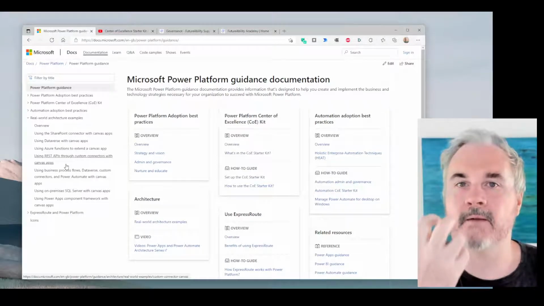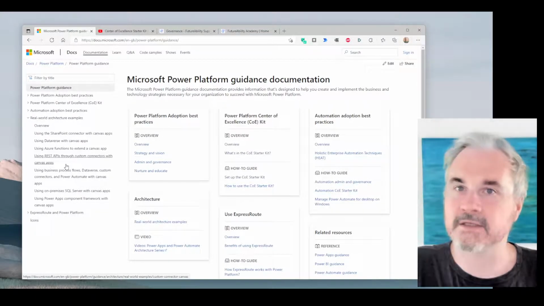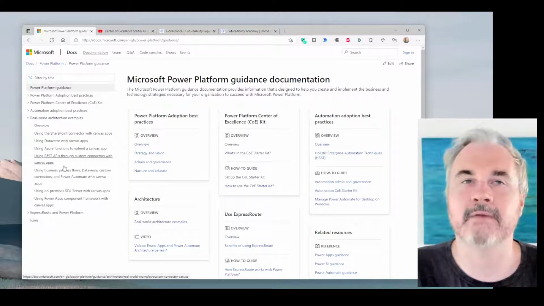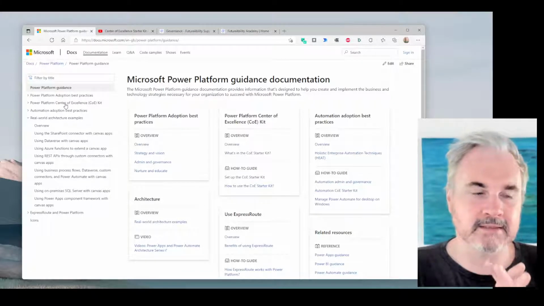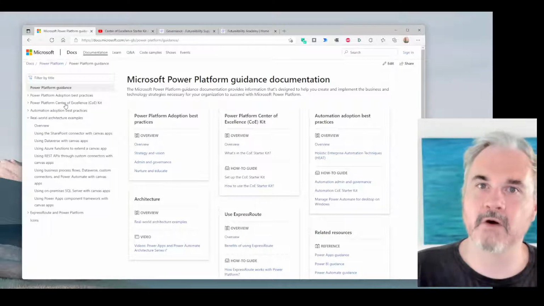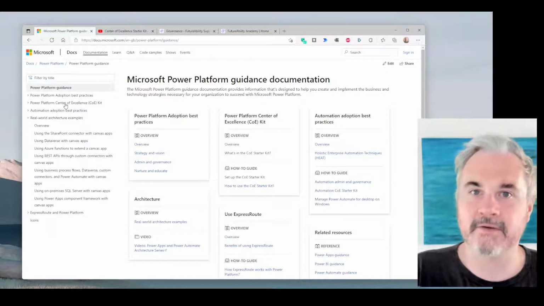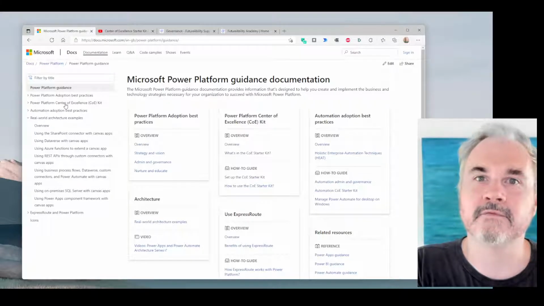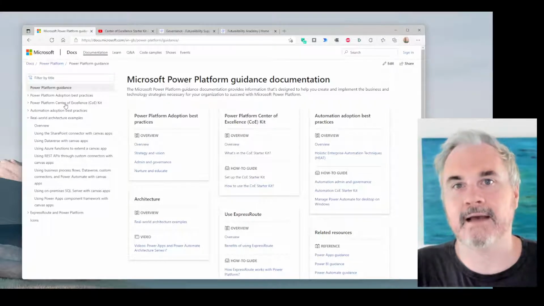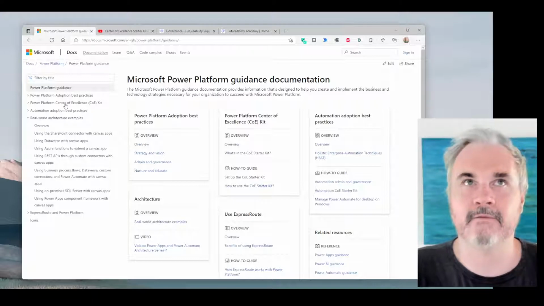Really good way of researching and learning more about admin functions in Power Platform. I think the important thing is that Power Platform's got a whole heap of options available to configure it. It's important to get the policy right for your organization first, and then add that to Power Platform.